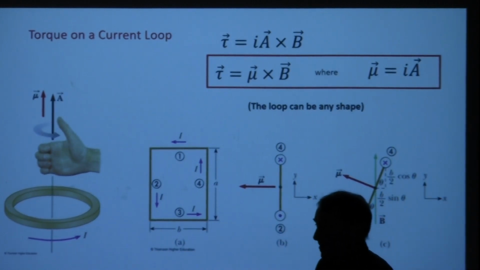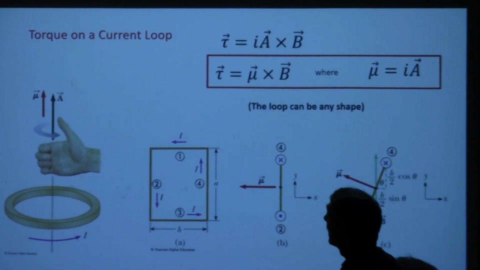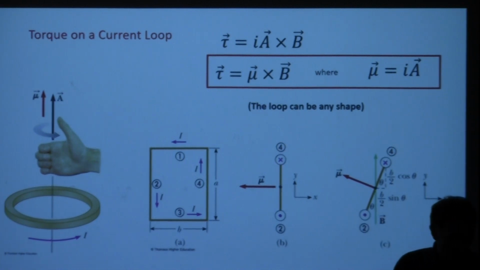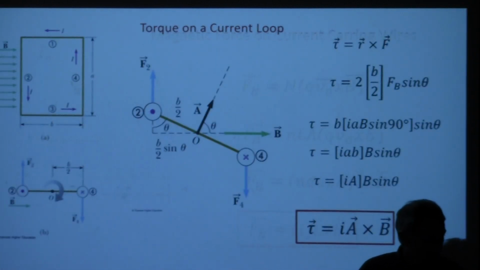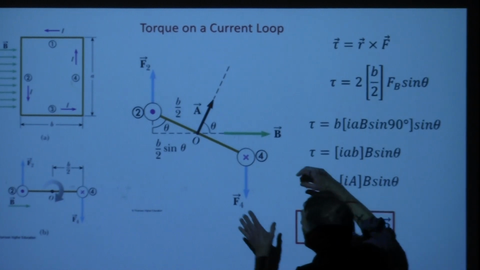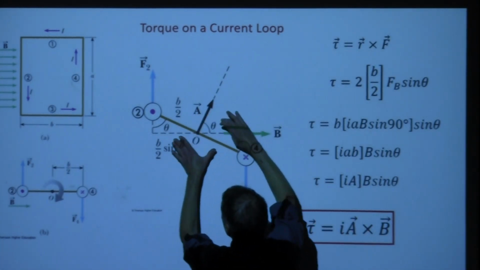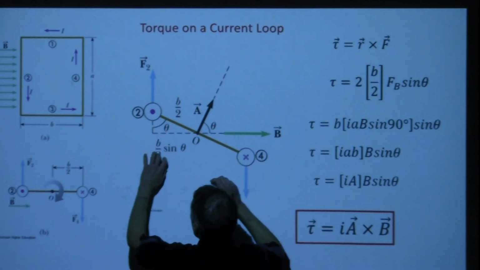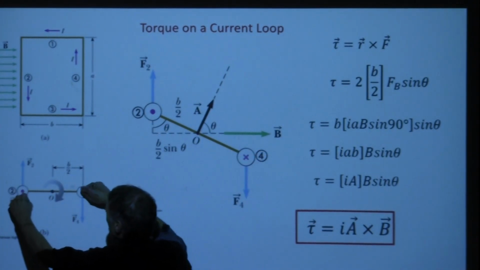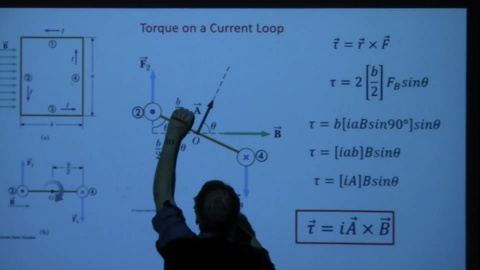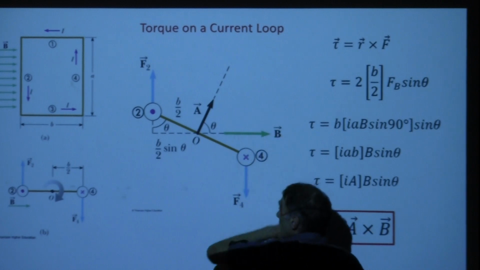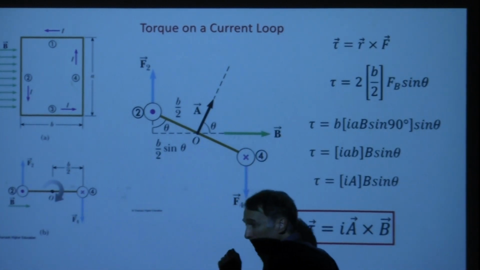On a test, would he be asking for maximum torque or something like that? He could, sure. You would play in your mind with what kinds of games he might play. There is going to be a torque coming around. The maximum torque, I think you'll see, is actually back here. It wants to line up with the field, so I guess maximum torque would be back here.